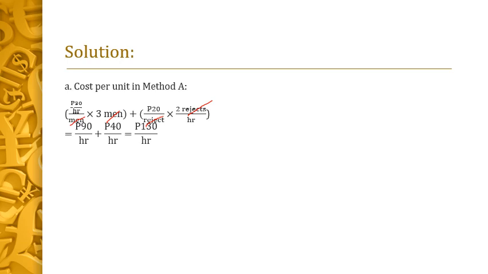Using your calculators, we have, for the cost of crew, 90 pesos per hour, and for the cost of rejects, 40 pesos per hour. And the sum is equal to 130 pesos per hour. This is now the cost per hour in method A. Divide this by the number of units, which should be the non-rejects per hour.